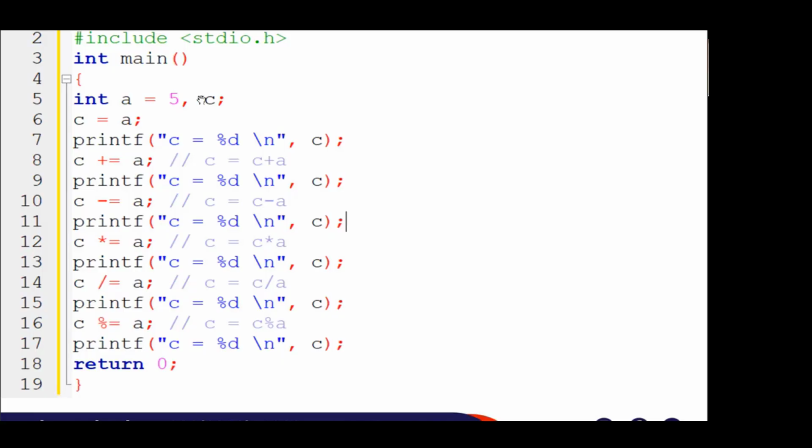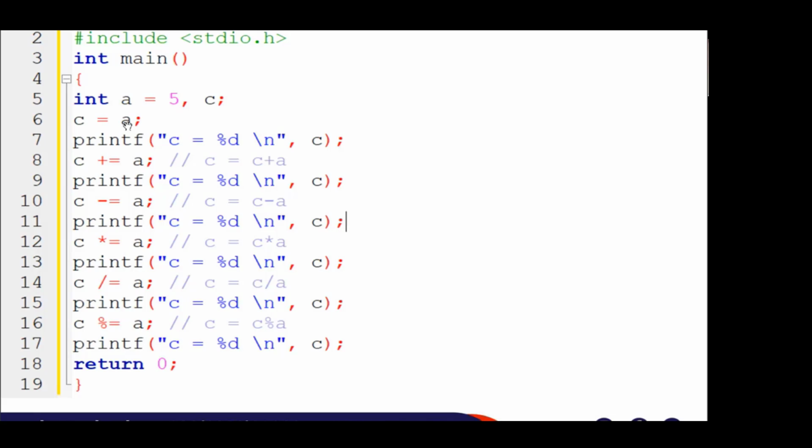However, because c has not been assigned any value, we can use it to illustrate our assignment operators by assigning some expression or values to it. In line 6, we say c equals to a, and we already know that a equals to 5. So in line 6, c automatically becomes equals to 5.